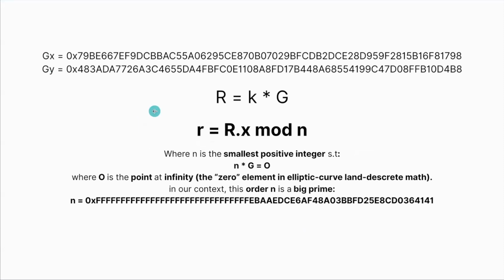And then in order to calculate the small r, the component in the signature that stands for R, we take the Rx, the X value after calculating this, and then we do mod N, where N is the smallest positive integer over the finite field that the curve is initiated with. It means that in discrete math, for every field we have a finite field.